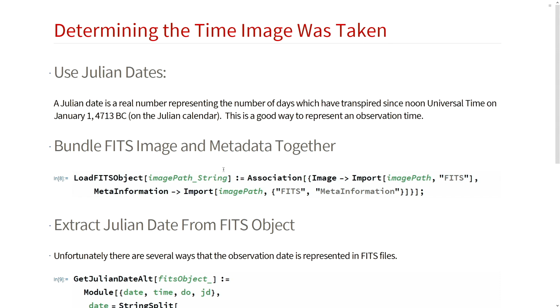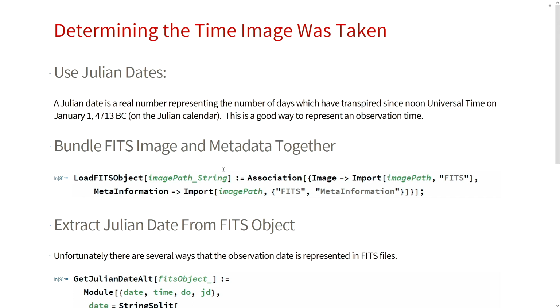Now, as I said before, Mathematica is great for doing astronomical calculations because we can handle the type of data that we have in astronomy, which are called FITS images. A FITS file contains not just an image or image data, but it contains a whole lot of other stuff, which is in the meta information portion of the FITS file. So for convenience, I wrote this utility function called load FITS object.